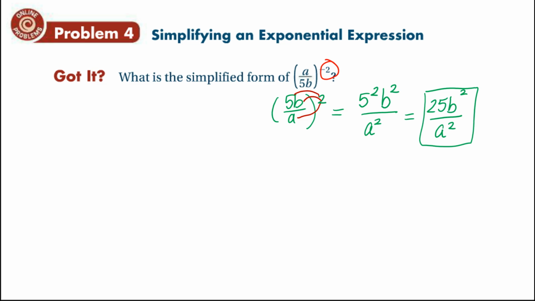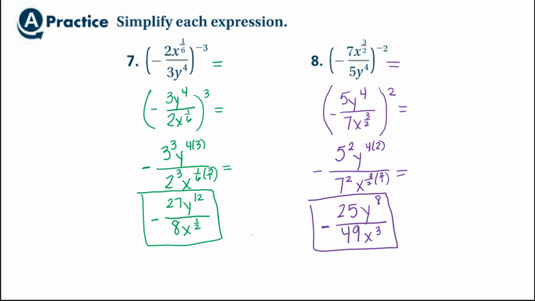All right, let's go ahead and check our answers on questions 7 and 8. So on number 7, we have that negative 3 exponent, so invert. This negative sign out here can just stay out between the fractions for the entire time. So we invert and have 3y to the 4th over 2x to the 1/6, and then distribute that 3 to all the terms.